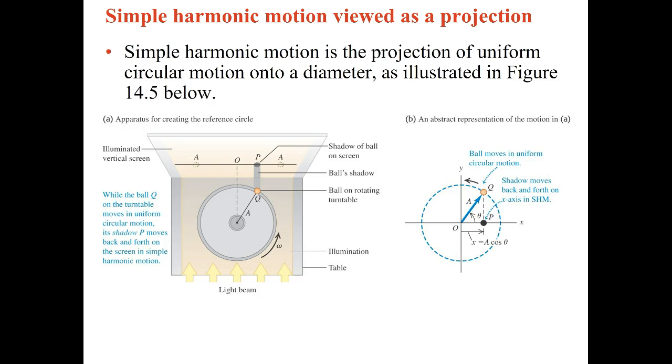So if you have like a record player and a ball moving on that record player, its shadow will trace out simple harmonic motion. Or you could say that the x coordinate of the ball, which is equal to a cosine theta, will move around as time goes by. And by the way, theta is equal to omega t. Remember that from our rotation unit.